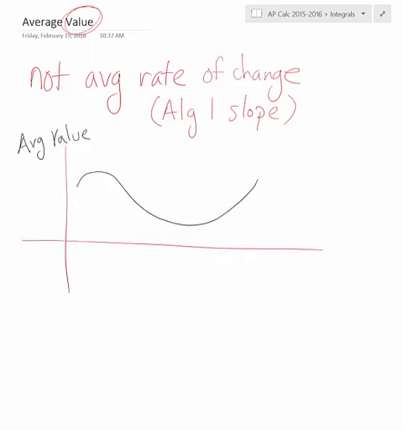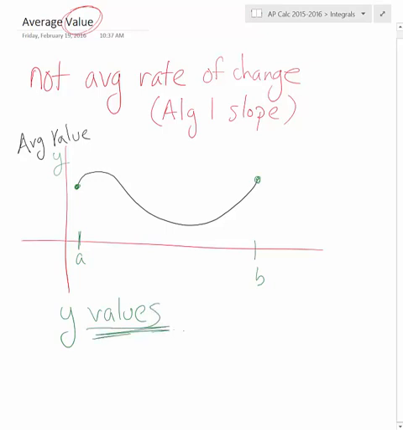What the average value kind of tells us, if we're looking in between this A and this B on this interval, is that all of our y values, the y values are normally what we say is the value of the graph, and the x values would just be like the locations, so during this period of time.